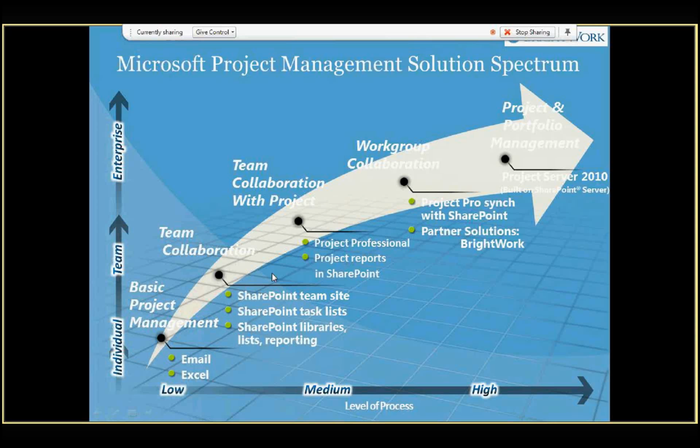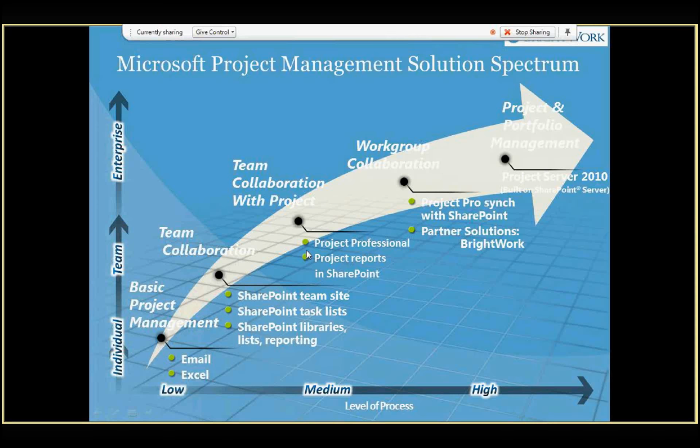So you may have individuals or small projects out there. You may have just department work groups that are doing projects, and then all the way through to the top level. Now, Microsoft is providing different levels of project management solutions as well. We see a lot of people using email and Excel at the lowest levels. There's SharePoint team sites and task lists at the lower to medium level projects.